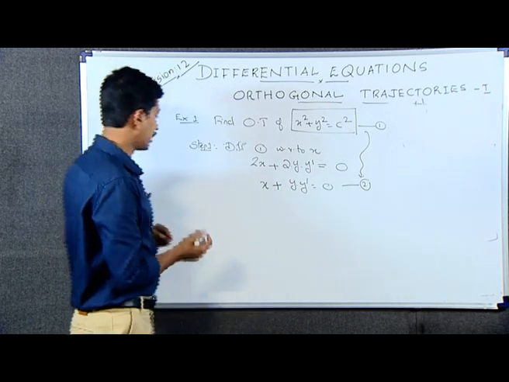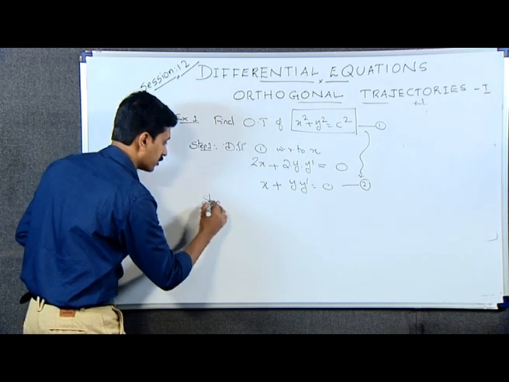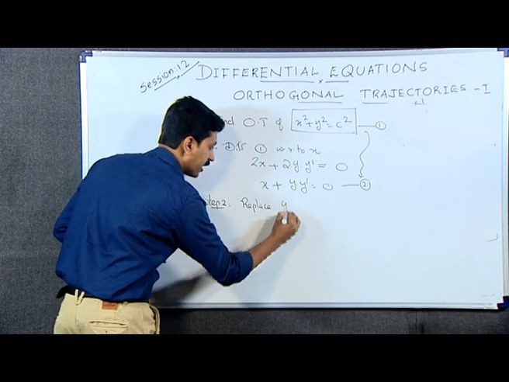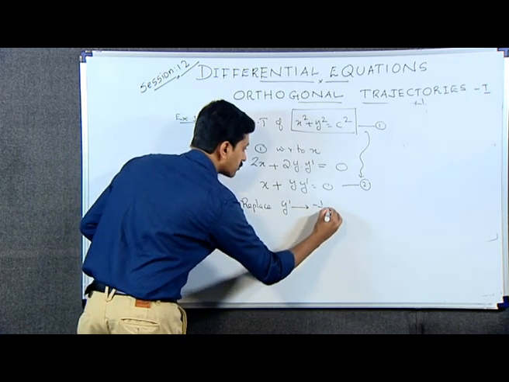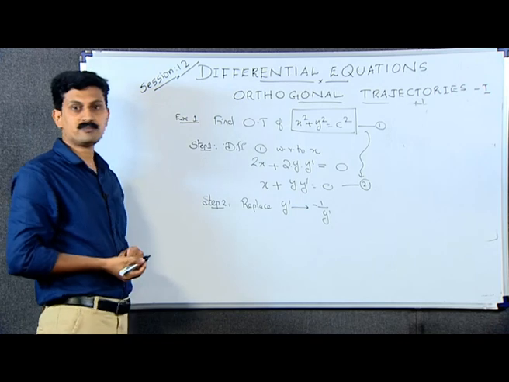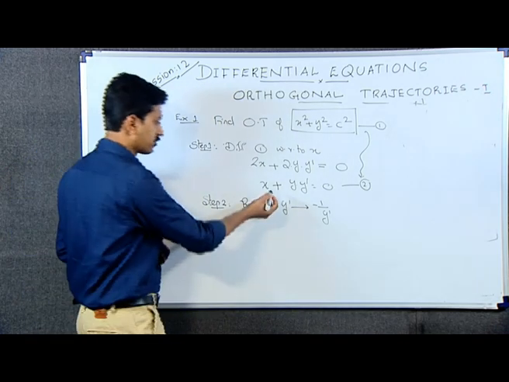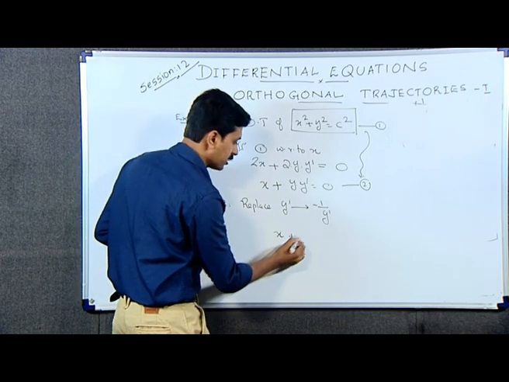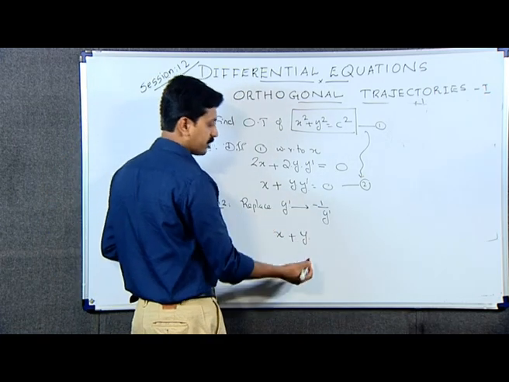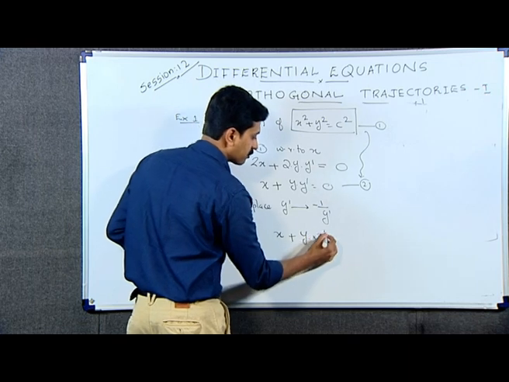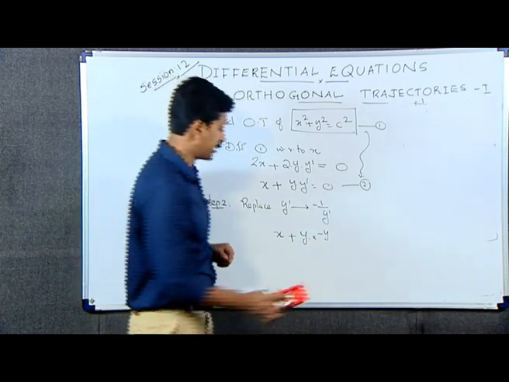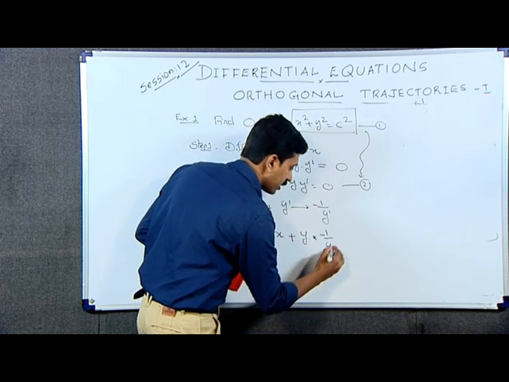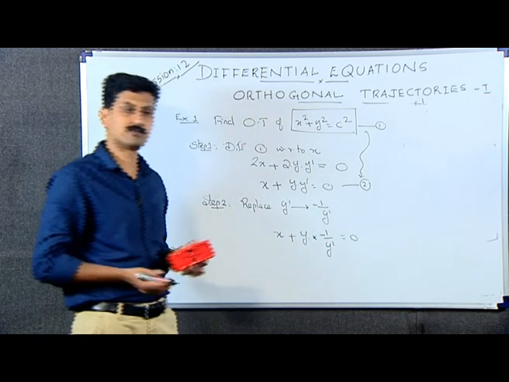So, I am coming to step 2. In step 2 we will replace y dash by minus 1 by y dash. So equation 2 becomes x, no change, plus y, and replacing y dash with minus 1 by y dash, equal to 0.